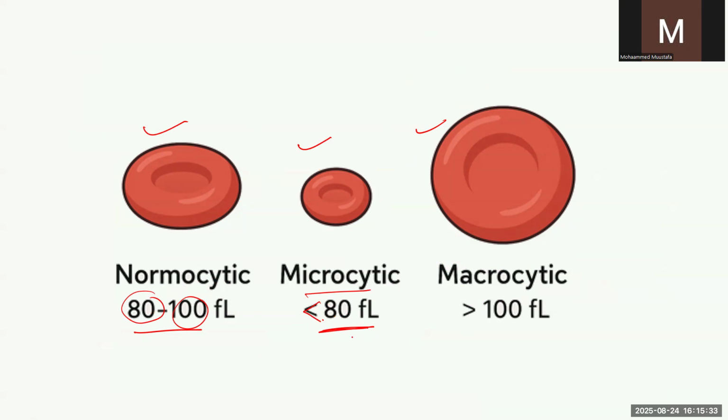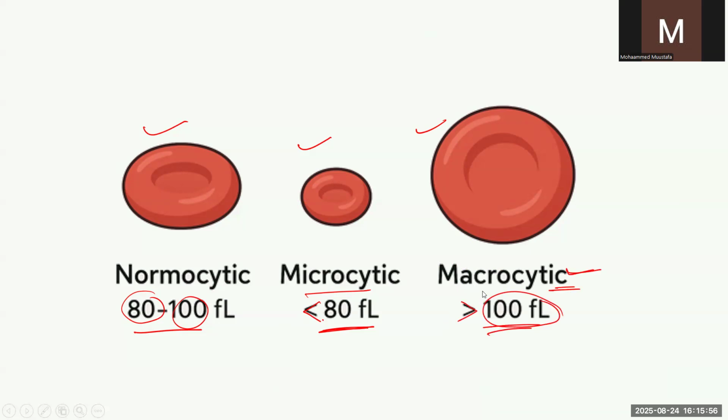It is called macrocytic if the size of the RBC is more than 100 femtoliters. The pathophysiology and causes of macrocytic anemia we will see in the next video. So yes, this is about iron deficiency anemia or microcytic anemia.